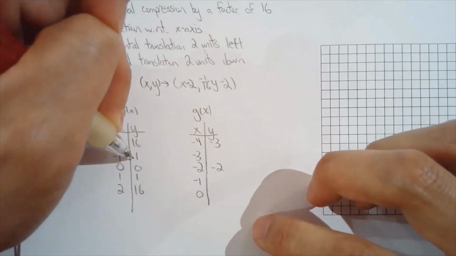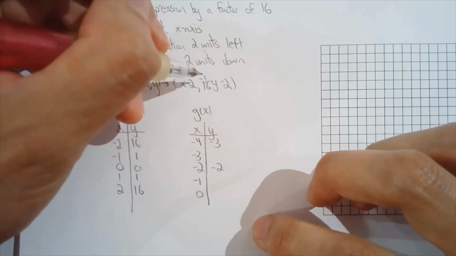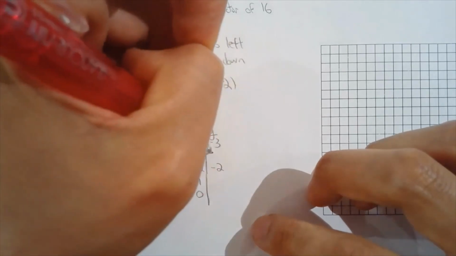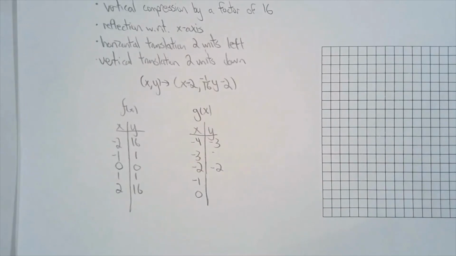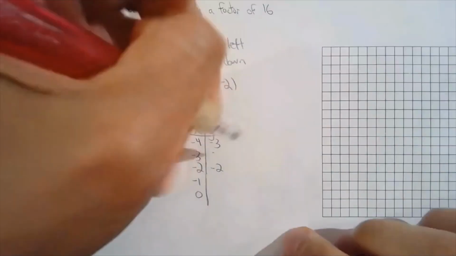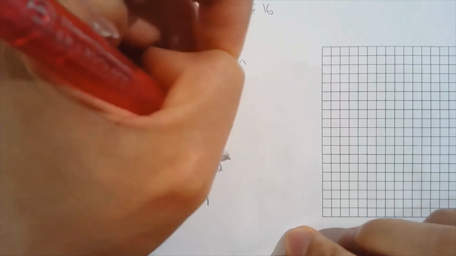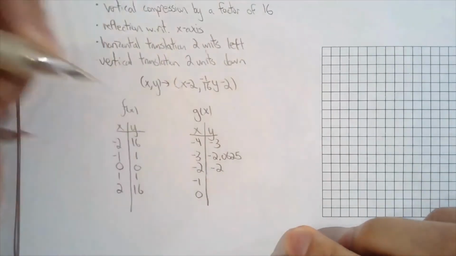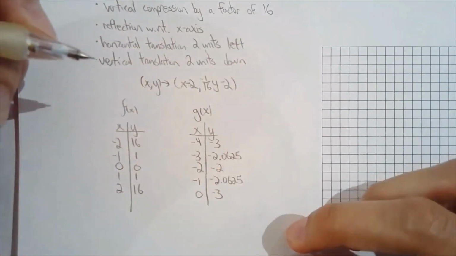Negative 1, and then 1, so negative 2 and 1/16. That's what's 1/16. Negative 2.0625. We're going to have a blast plotting that. And negative 3. Let's just check everything out.